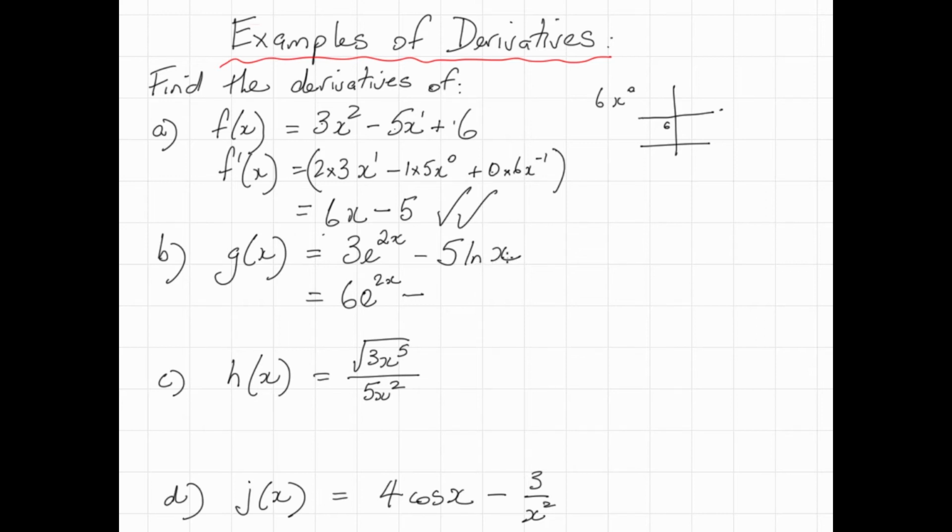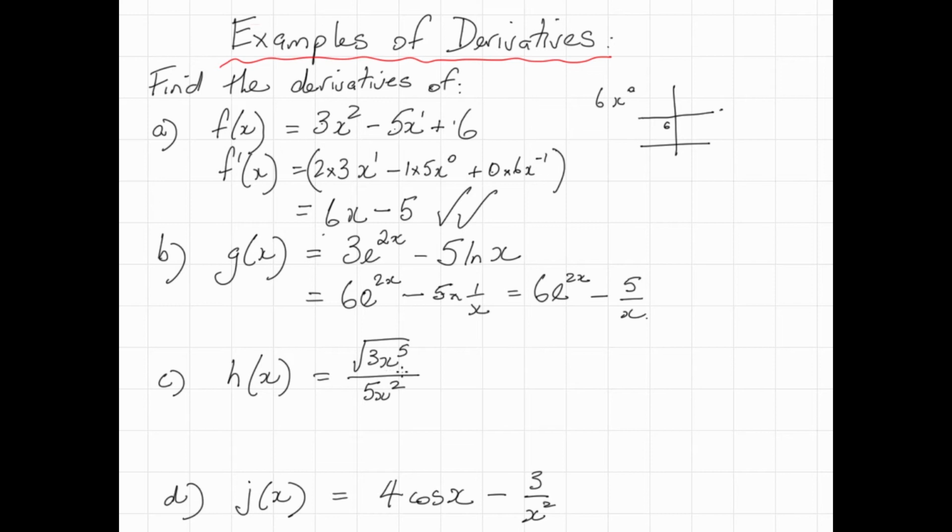We know the derivative of ln x is 1 over x, and the 5 will be up the front, so it'll be 5 times 1 on x, and probably a better way to write that is this. The first term's okay, e to the 2x minus, now 5 times 1 will be 5 over x, so that's probably a better way to write it.